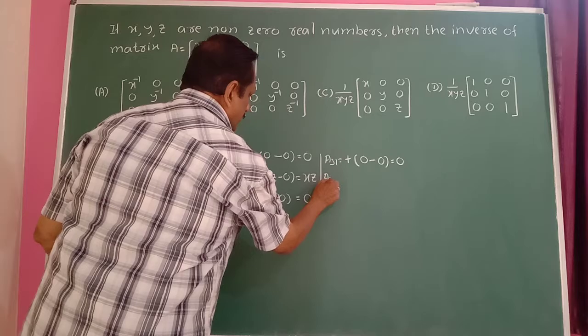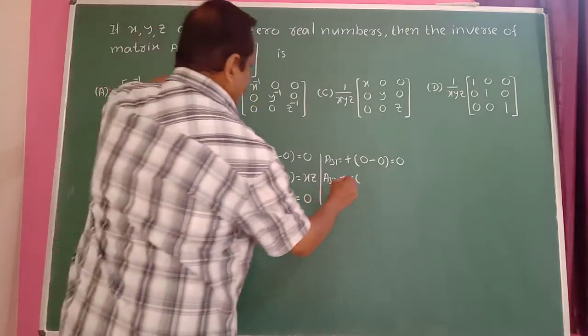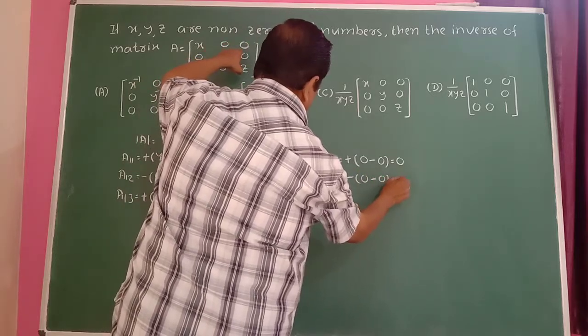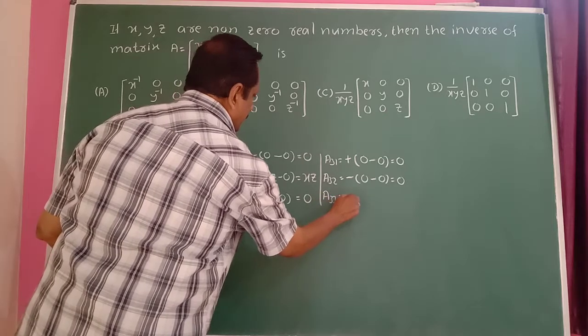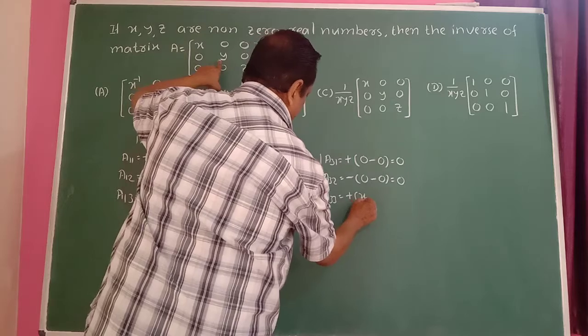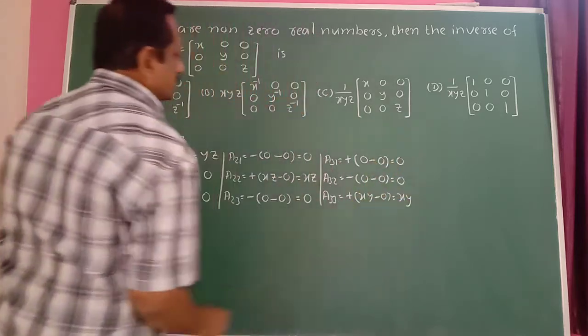Then A32: minus of x into 0 is 0 and 0 into 0 becomes 0, equal to 0. Then A33: plus x into y is xy minus 0, equal to xy.